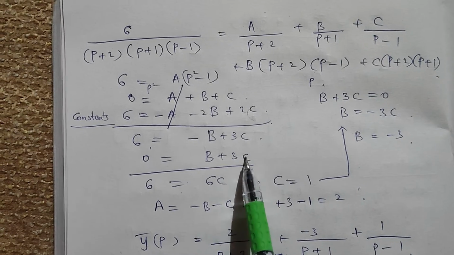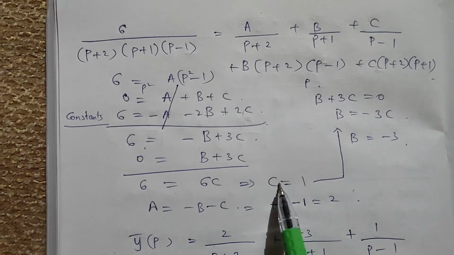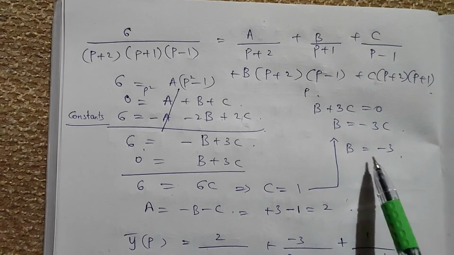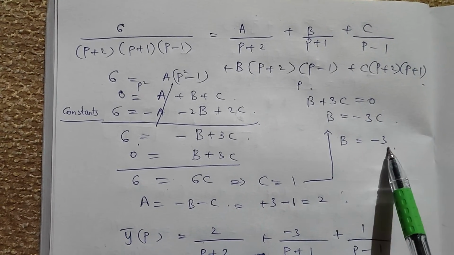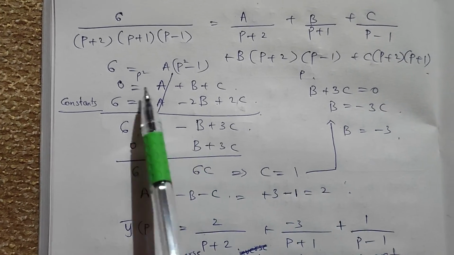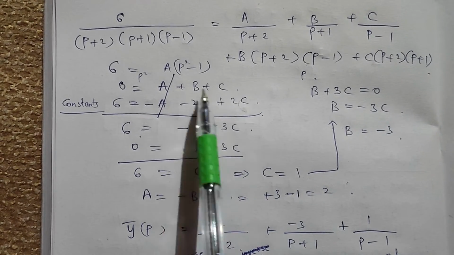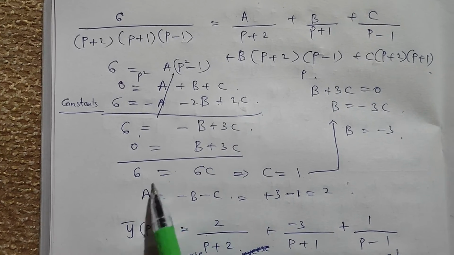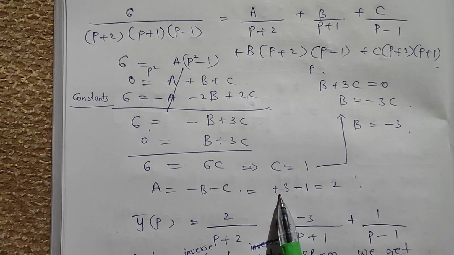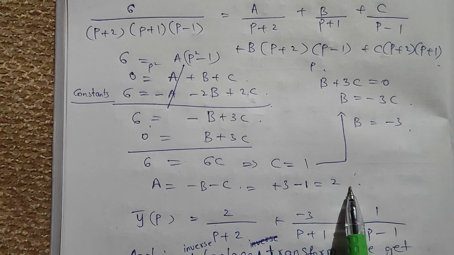So by using that equation, we get the value of c, and on substituting this value, c is equal to 1, we get the value of b, that is b is equal to minus 3. And then substitute b and c values again. If you substitute in this equation, you will automatically get the value of a, that is a is equal to minus b minus c, which is equal to plus 3 minus 1, which is equal to 2.